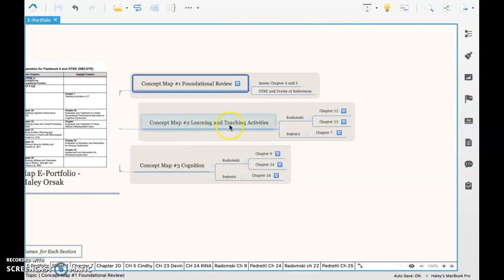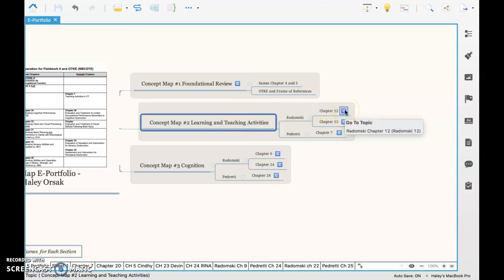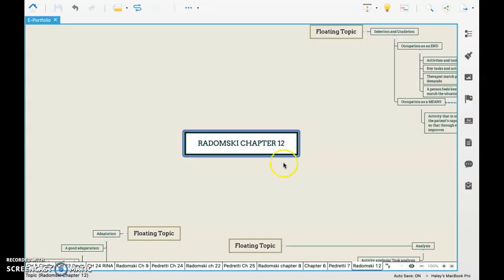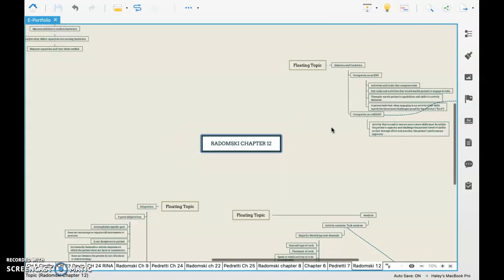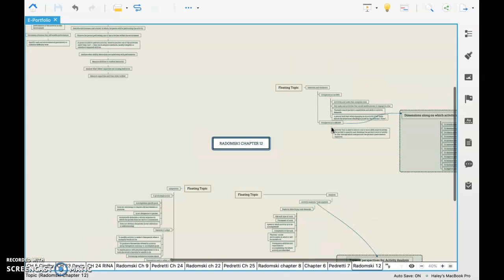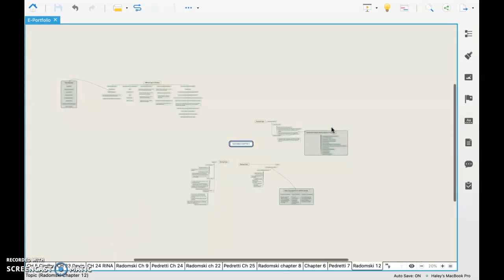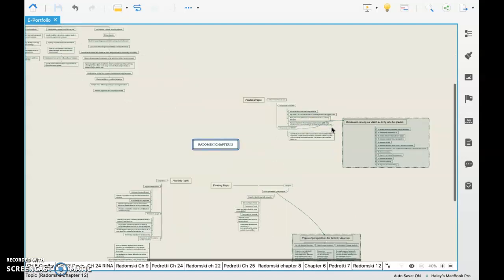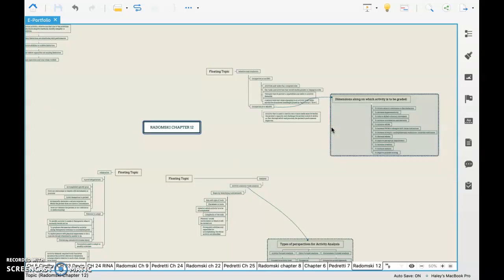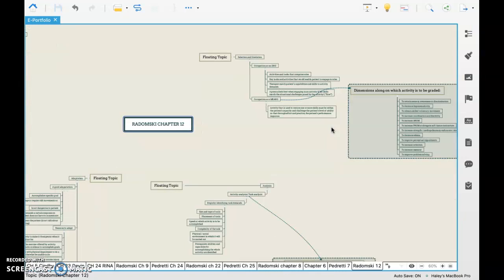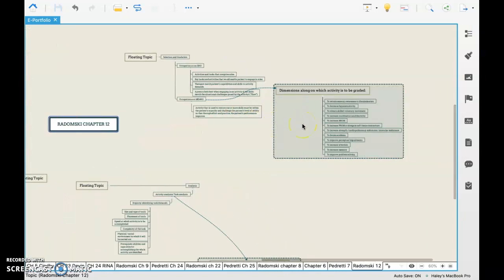So for concept map number 2, this is chapter 12. And this one, I think, is set up in this way, so I can zoom out again. I liked this one. It was short and sweet, had everything you needed, but wasn't super detailed and wordy where I didn't want to look at it because I got overwhelmed right away.